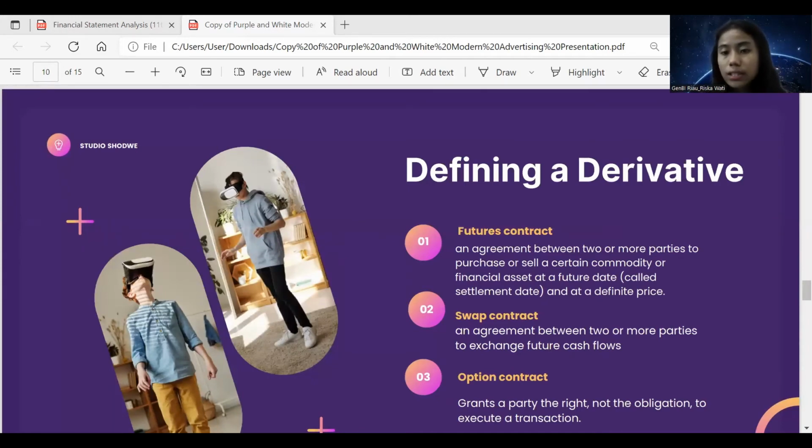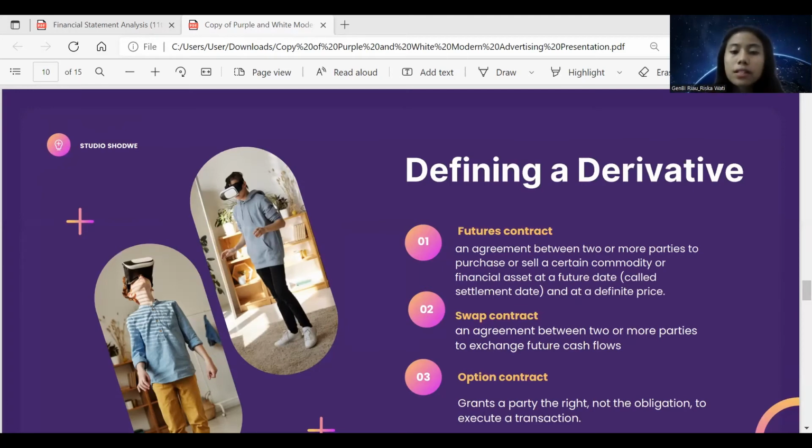It is called the settlement date, and at the defined price. Futures exist for most commodities and financial assets. It is also possible to buy a futures contract on an index such as the S&P 500 stock index.